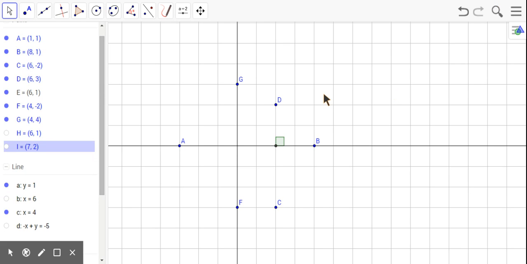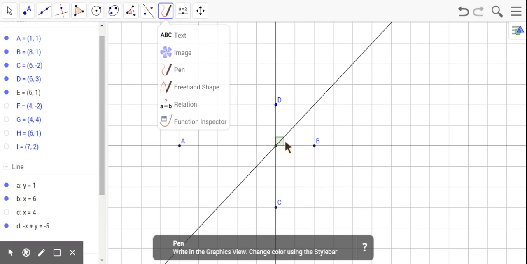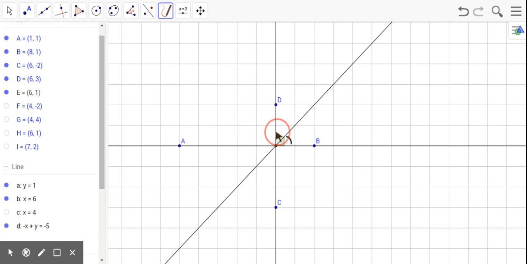Okay, now I'm going to get rid of that line FG, bring back line CD, then I'm going to throw in this line. And what I'm going to tell you here is that this angle here and this angle here are both acute angles.